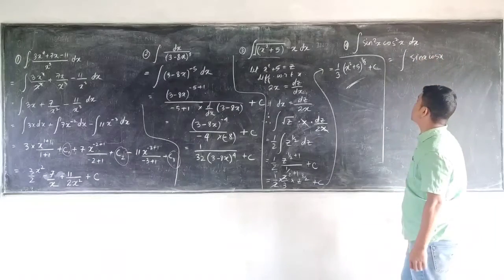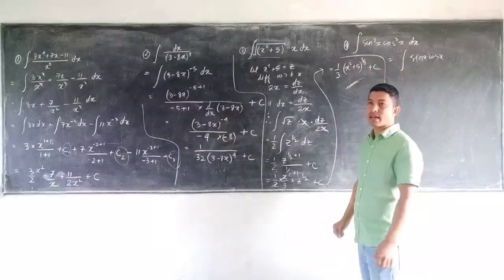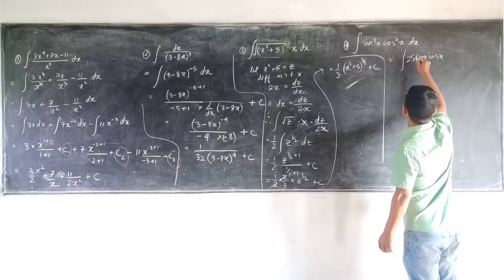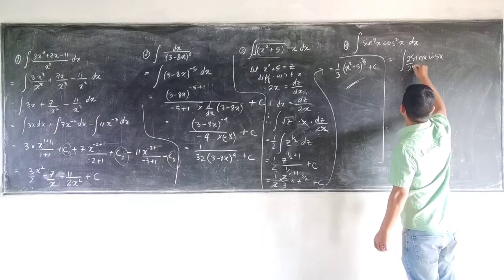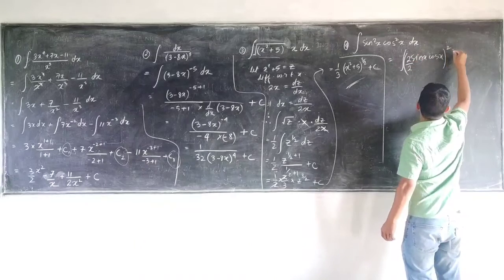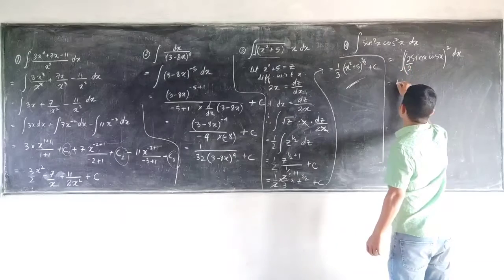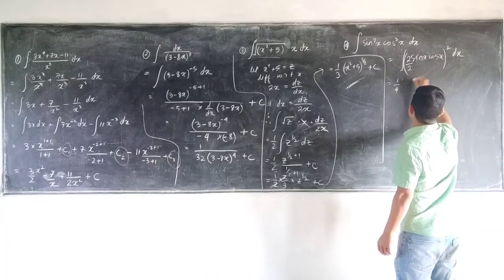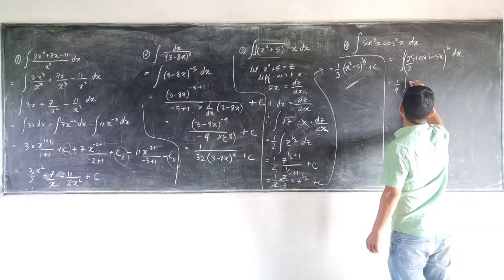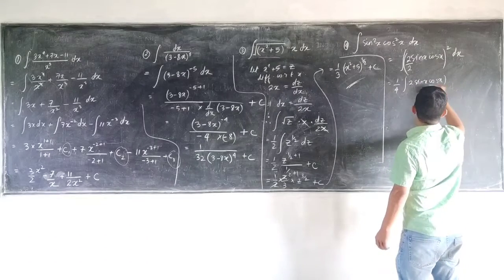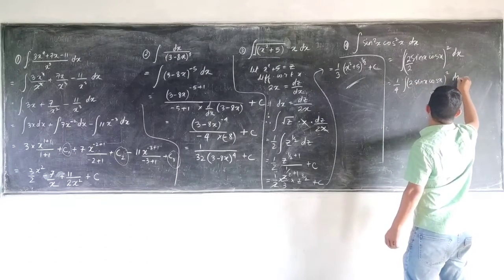But I want to take it into the formula of 2 sine a cos a. So therefore, I will multiply it by 2 and also divide by 2, and then make it a whole square of dx. So I'll take it outside: it becomes 1 by 4 because I have a square there, into the integration of (2 sine x cos x) whole square dx.